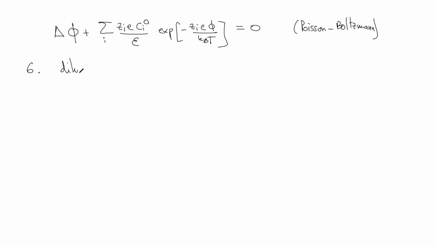So if you have a dilute limit, you could say that basically the charges are typically quite separated. Therefore, the typical potential phi here is pretty small compared to thermal energy, in a sense. And so you might be allowed to expand in a Taylor fashion this exponential. I only keep the first term.